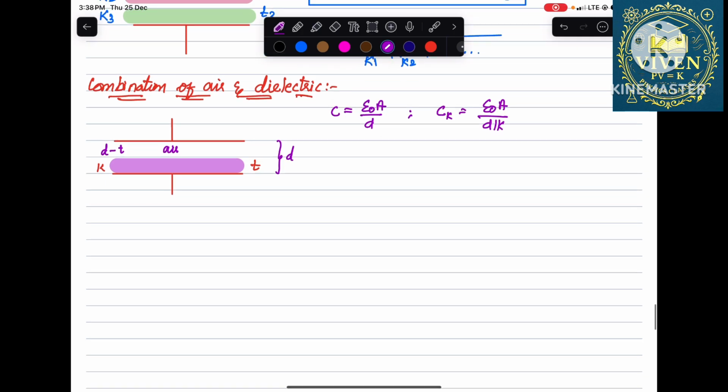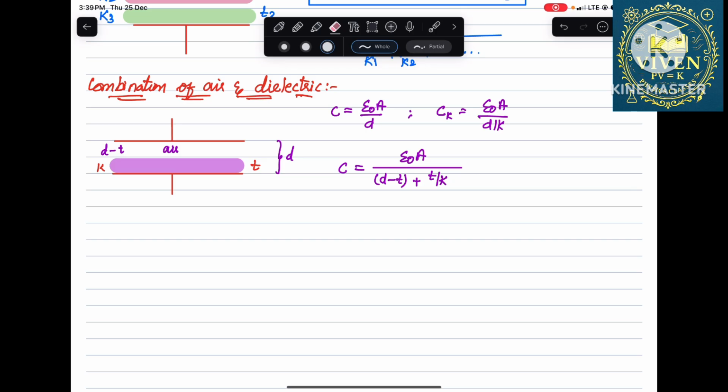So the new capacitance is C equals epsilon naught A by, write the distance for which the air was present, D minus T, and then the dielectric term. The width of the dielectric is T, so it is T by K. That's it. Very simple and short.